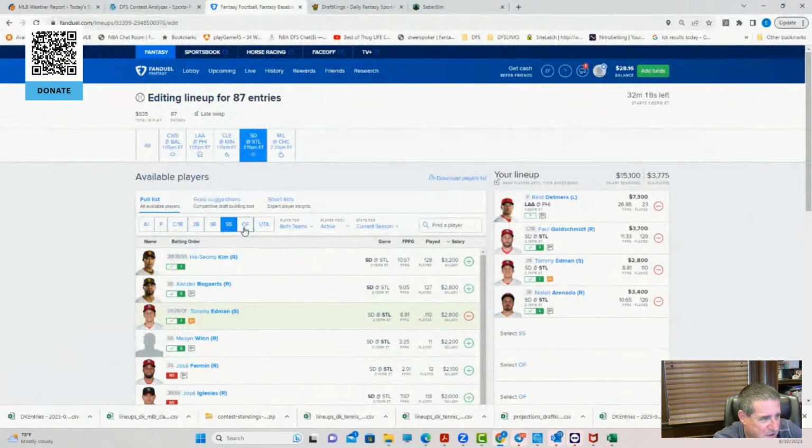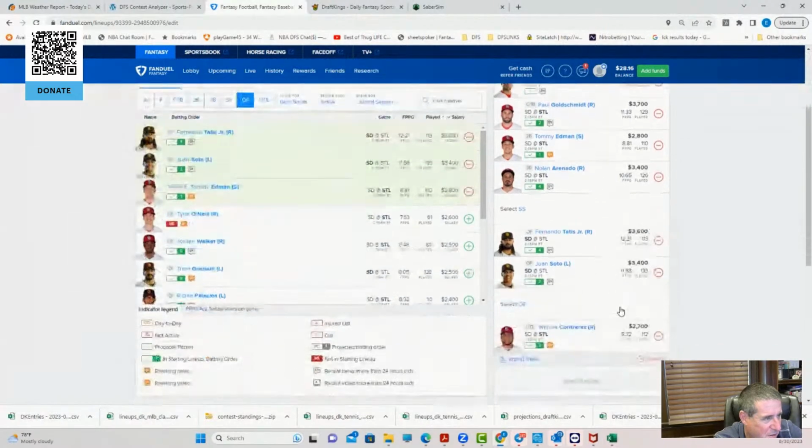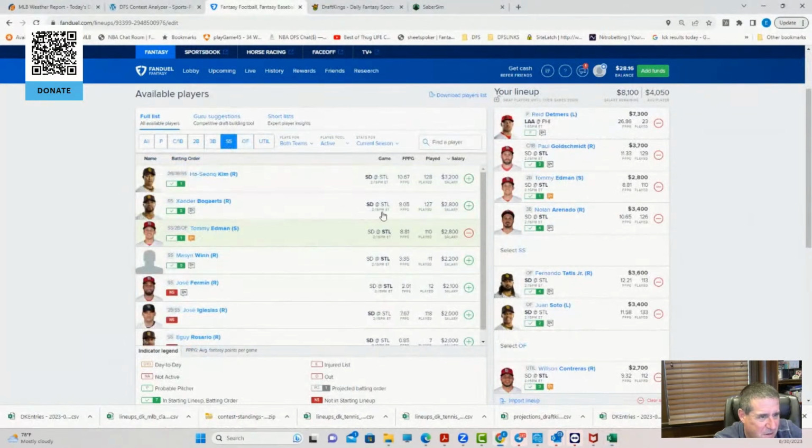You look at San Diego's, you can play Tatis, Soto, who else? Machado at shortstop somehow? No, he's not, but don't you play Machado? Or you can play Baltimore's. Whatever you want here, honestly.